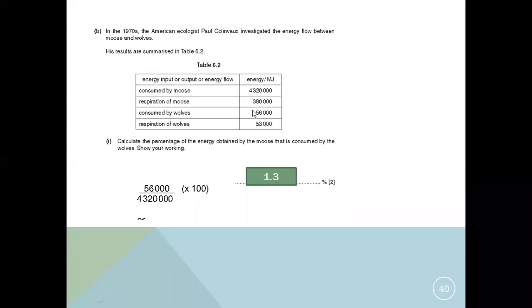What is the percentage of the energy consumed by wolf out of the overall energy consumed by moss? So it is simple: we divide this energy by the total energy consumed by moss, and then multiply by 100 to take the percentage, which will give you 1.3%.